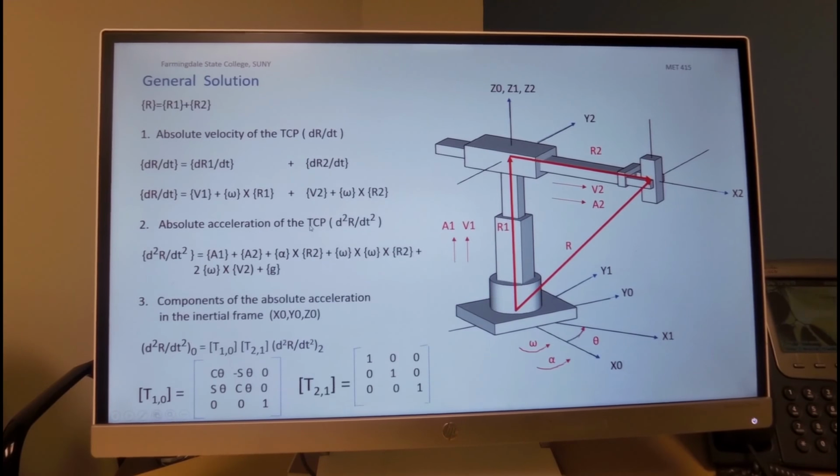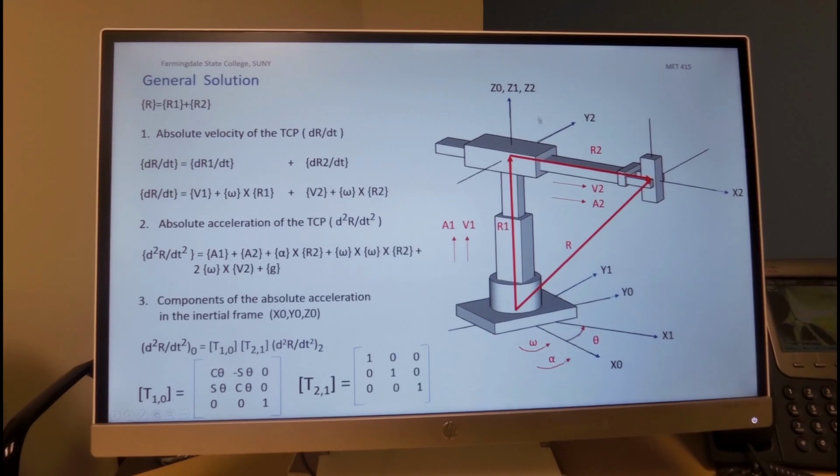The absolute acceleration of the tool center point will be similarly the relative acceleration of r1 in coordinate system 1, a1.